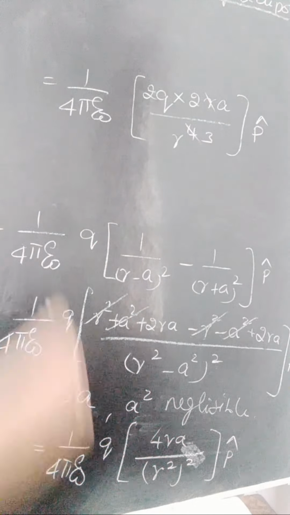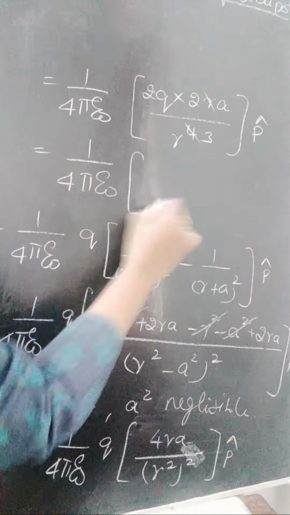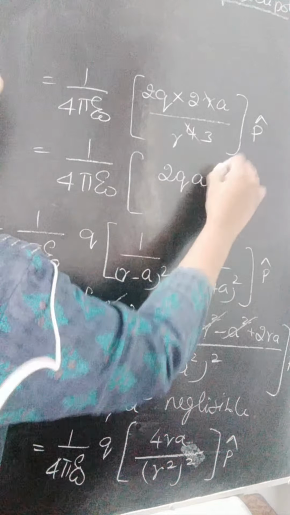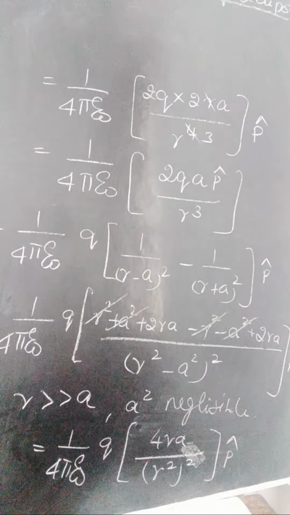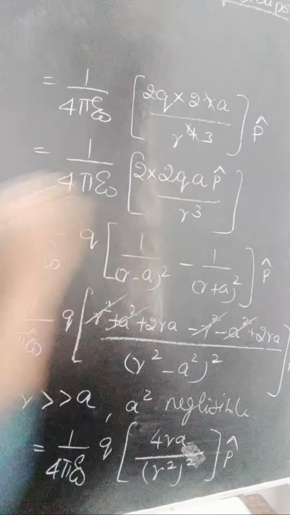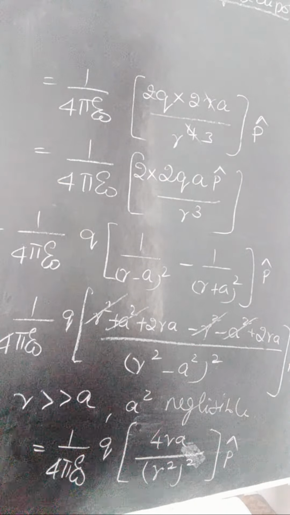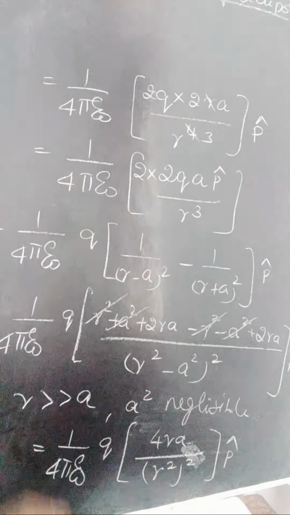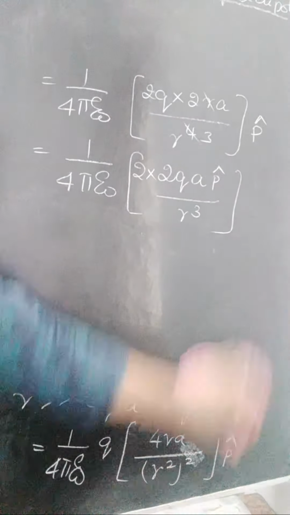Yes or no? So rewriting this equation: 1 by 4 pi epsilon naught into 2qa p cap divided by r cube. Yes or no? And what is this 2qa p cap? Remember the dipole moment? What is the dipole moment?